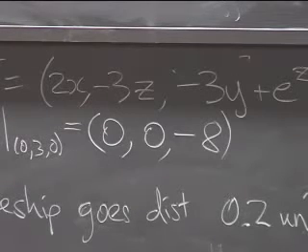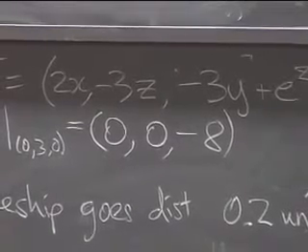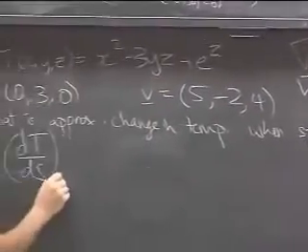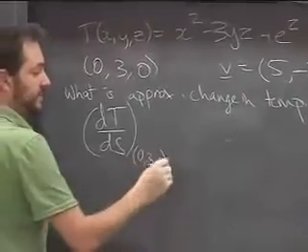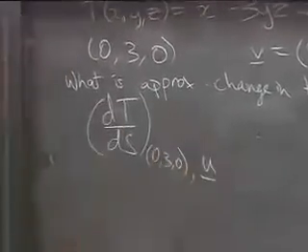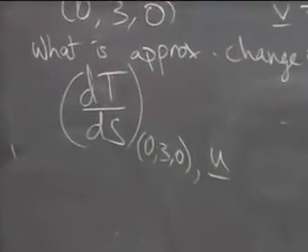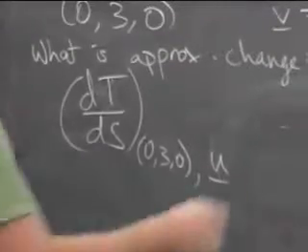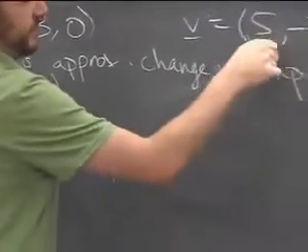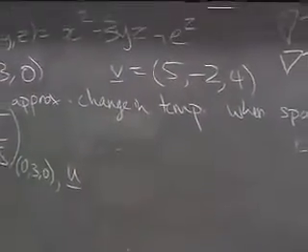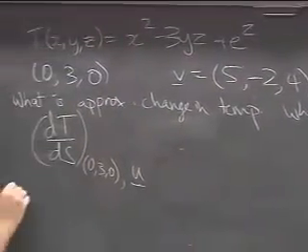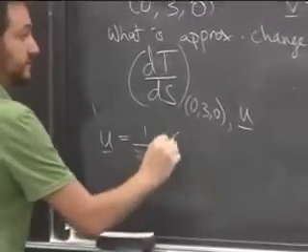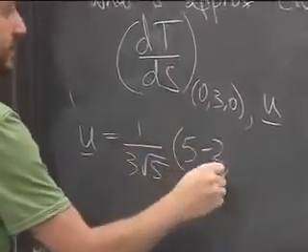So now we can work out df/ds, or dT/ds, at this point 0, 3, 0, but in the direction of u. Now, of course, u has got to be a normalized version of v. Now, I may have worked that out before. It was 25 plus, it was 45, right? So u, you might recall, was 1 over 3 root 5 of v, 5, minus 2, 4.